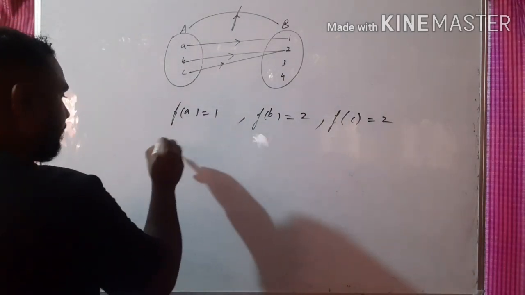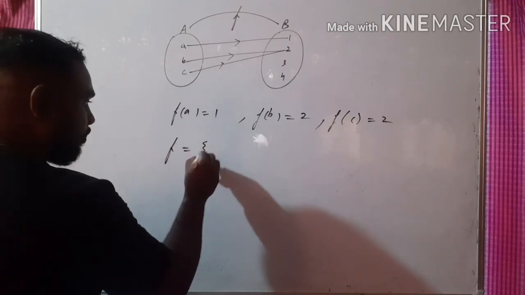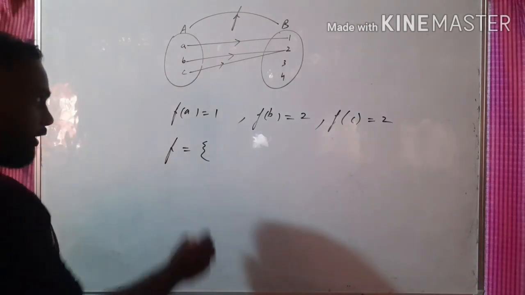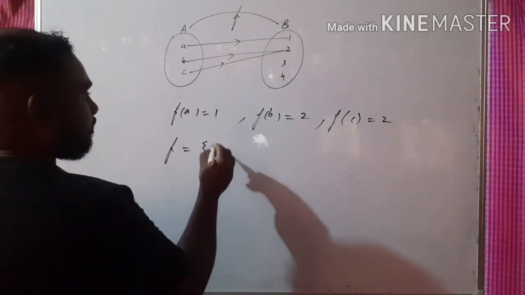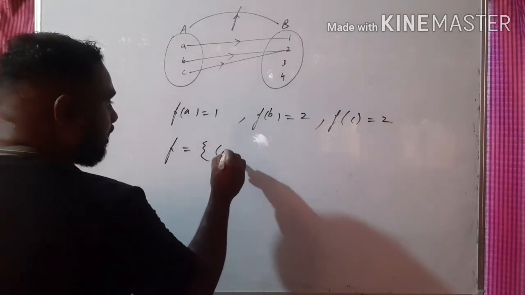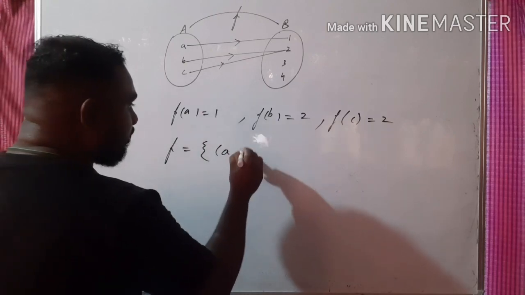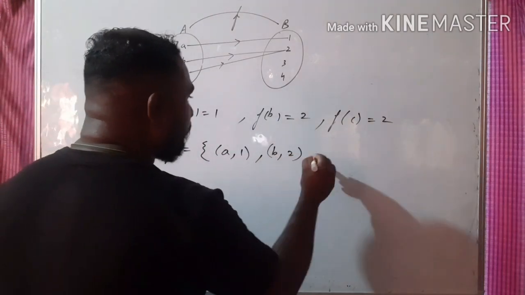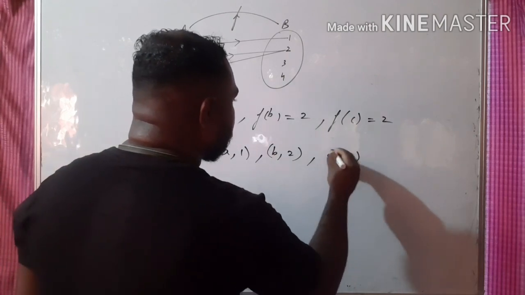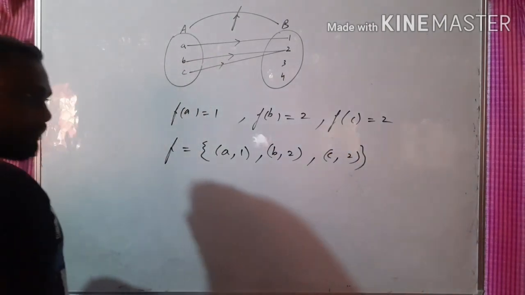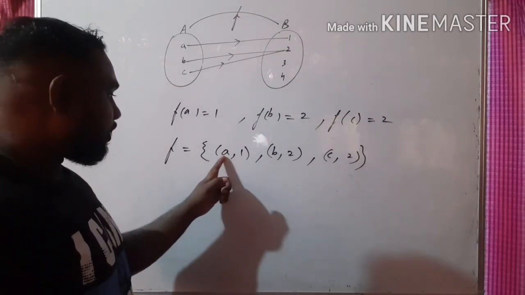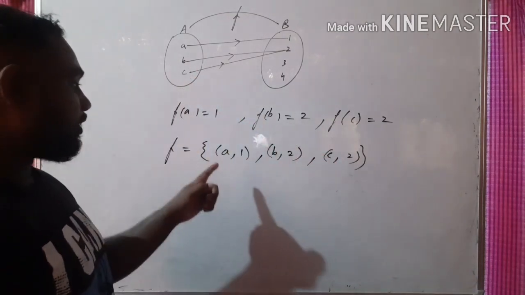Okay, and we can write the f set also as we have written in relation. Here it will again be ordered pairs only. A has image 1, B has image 2, C has image 2. Okay. So the first elements are coming from the first set, isn't it?